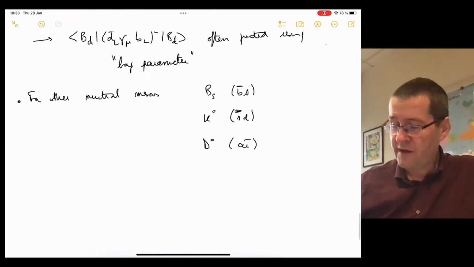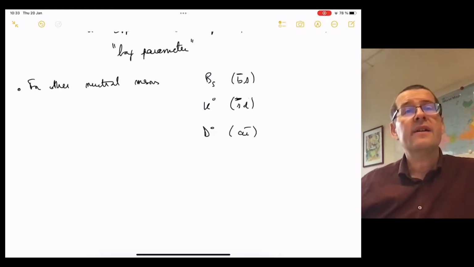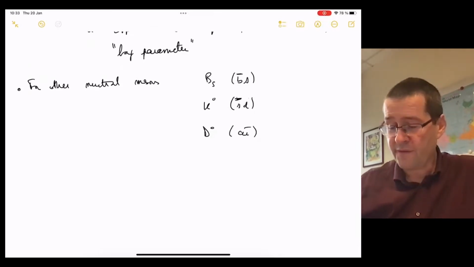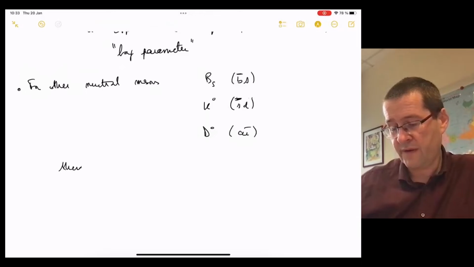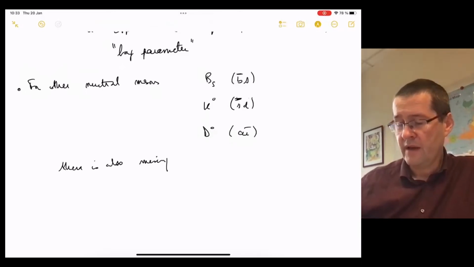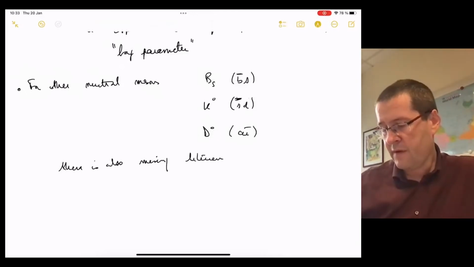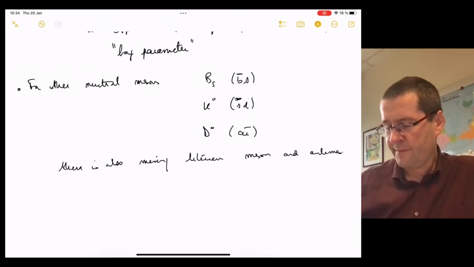So you can draw similar diagrams. Then the question is the interplay. So there is also mixing between the meson and the anti-meson.